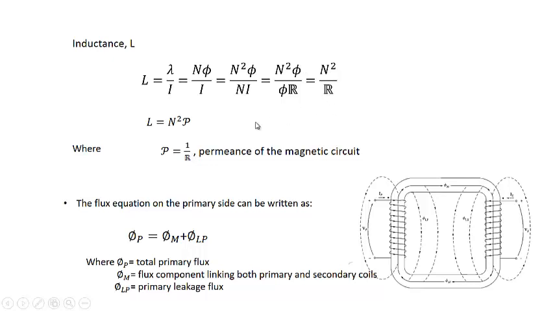I can replace 1 by R with psi, the permeance of the magnetic circuit. Then the inductance is equal to N square into psi.